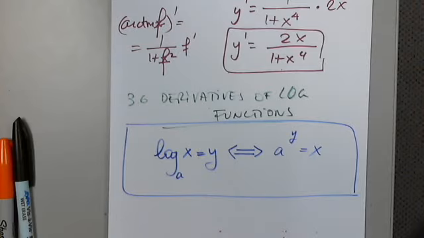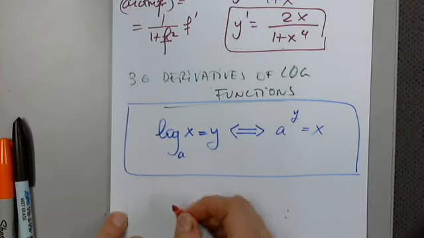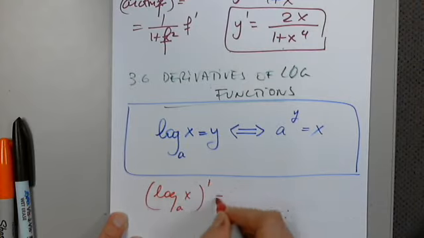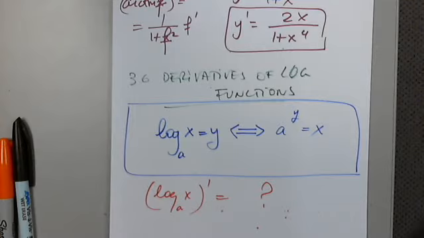What am I after now? Well, I'm trying to explain when I differentiate this, what do I get? Like before, we know how to differentiate an exponential function, a polynomial, a product, a ratio, a function composition, but we don't know how to differentiate a log.